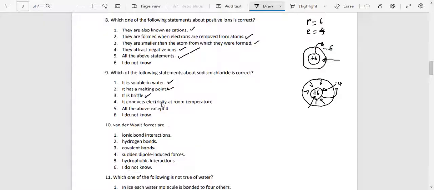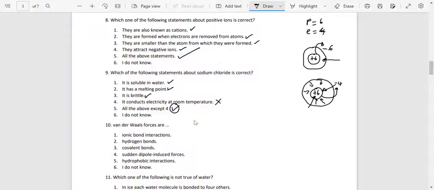It conducts electricity at room temperature. Now, sodium chloride can't conduct electricity at room temperature unless it is in a molten state. If you get salt just the way it is and pass electricity through it, it will not pass until you melt it. So the answer is all of the above options are correct except 4. So this would be the best option.